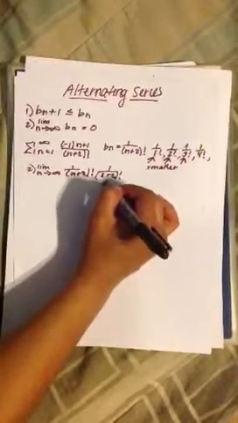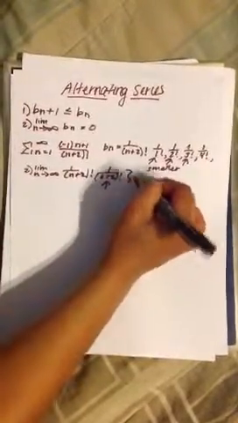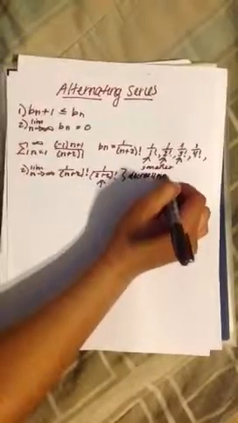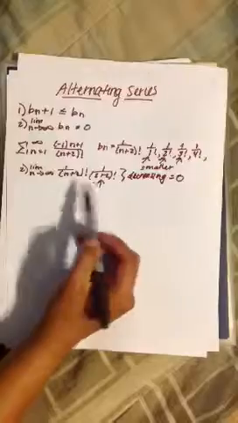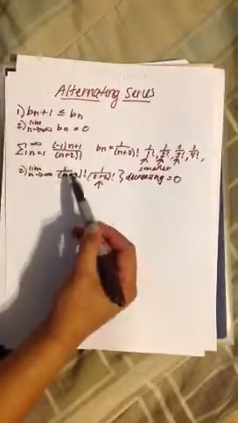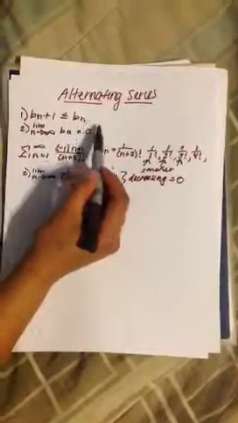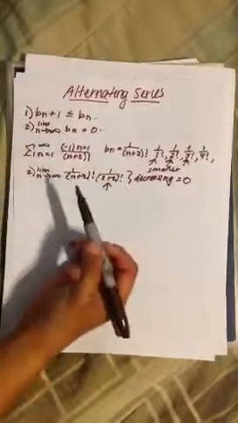But as this gets bigger, the fraction itself is decreasing. Therefore, this fraction is getting closer and closer to 0. So the limit as n approaches infinity of 1 over n plus 2 factorial is equal to 0. Therefore, the first and the second rule are confirmed.